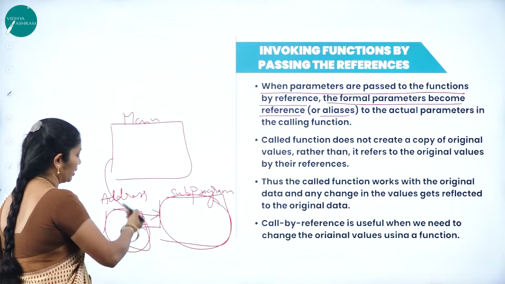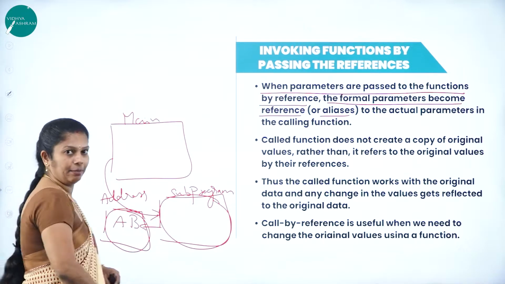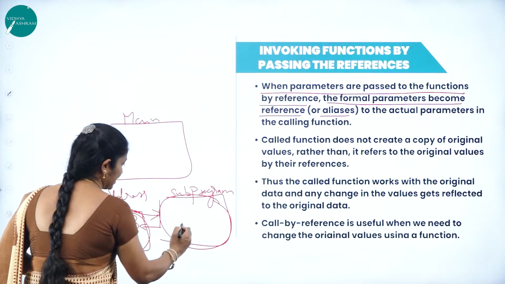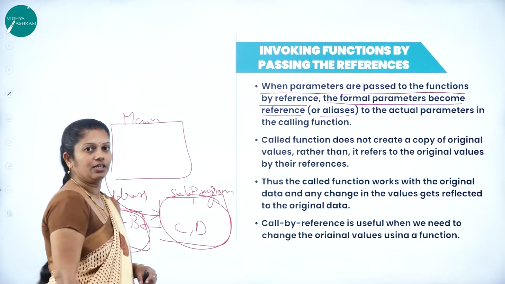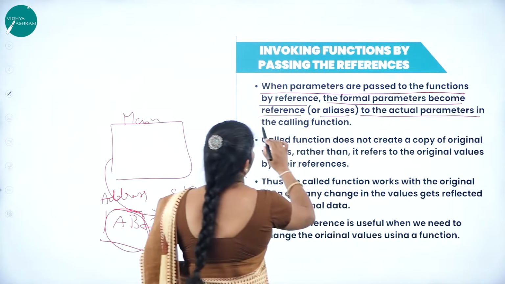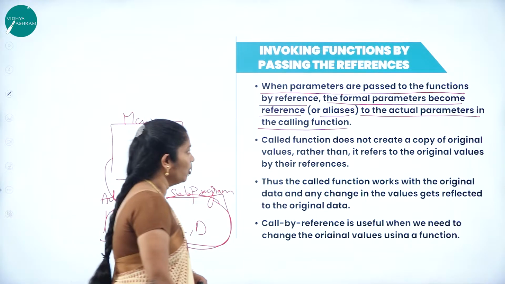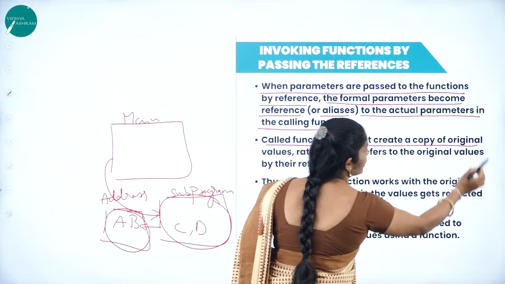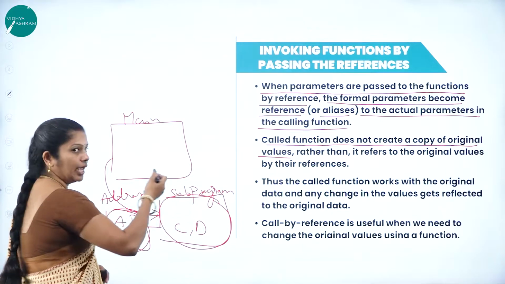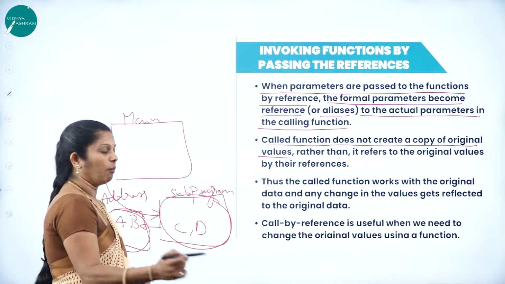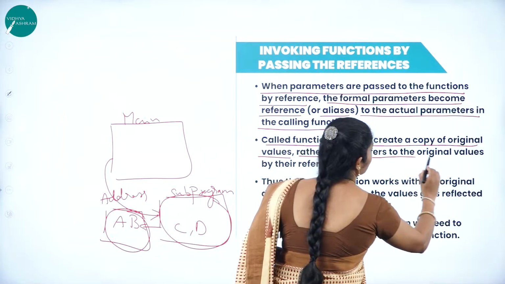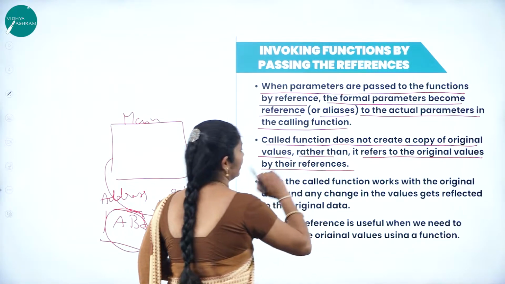For example, in the main program, I call the variables A and B. Whereas in the subprogram, the same variables it will take and work on, but by some other name, for example C and D. That is, to the actual parameters in the calling function. The called function does not create a copy of the original value. That is, the subprogram is not going to create its own copy. It takes the data as it is from that address, it references the original value by their reference.